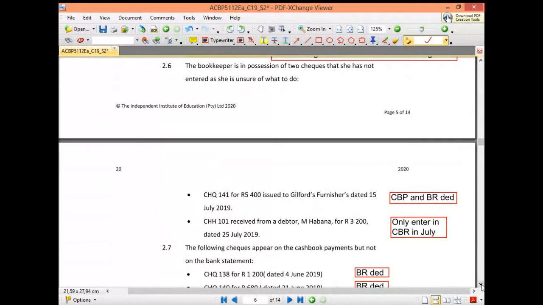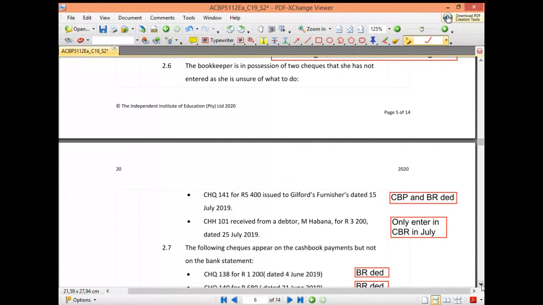Okay, so 2.6, we've got two checks that the accountant has not dealt with. So you have to look at the information to assess whether it is something that will impact your cash books or not. The first one they tell you is check 141 for 5,400 issued to Guildford Furniture. So that is a check that the business has written.